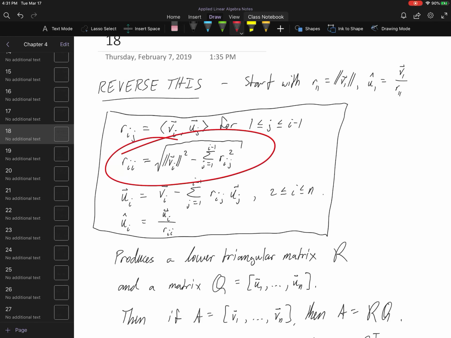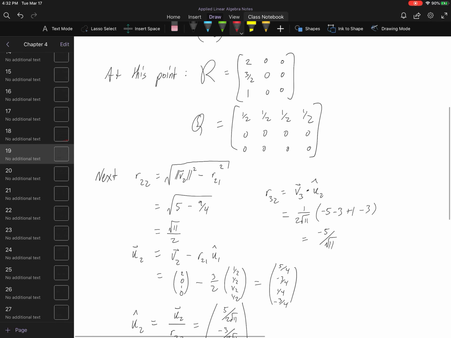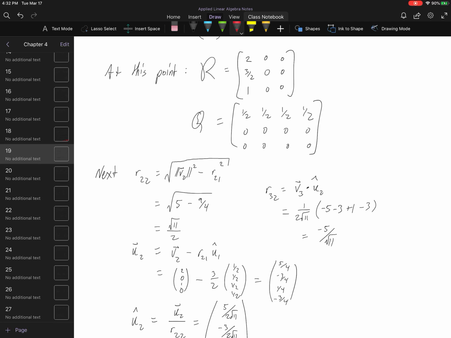And the first one we can actually pick up with the information that we already have. If I go back to my box here, I can fill in R22 by asking, what is the length of V2, square it, and subtract off the length of R21 squared.